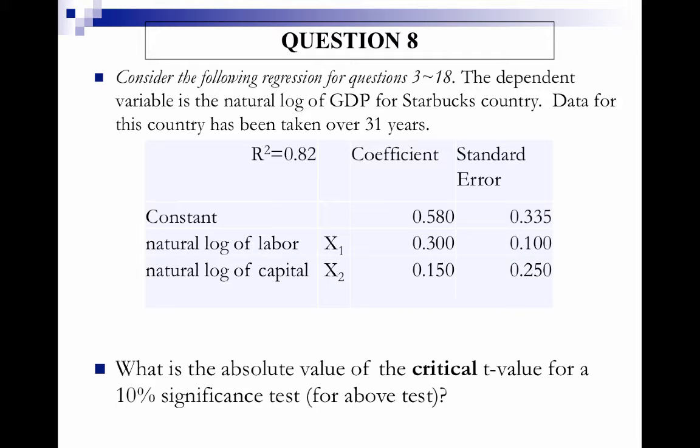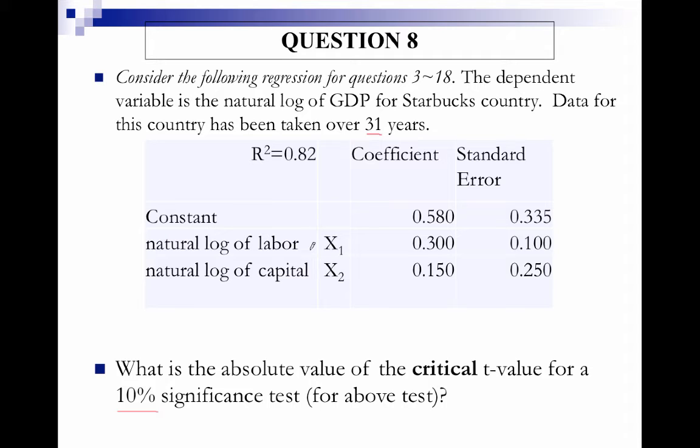Okay, now we have to look up the absolute value of the critical t-value for an alpha of 10%. And so we're looking at a two-tailed 10% alpha level. The critical t, so we want to look at degrees of freedom. So we know our n is equal to 31. So it's n minus k, right?